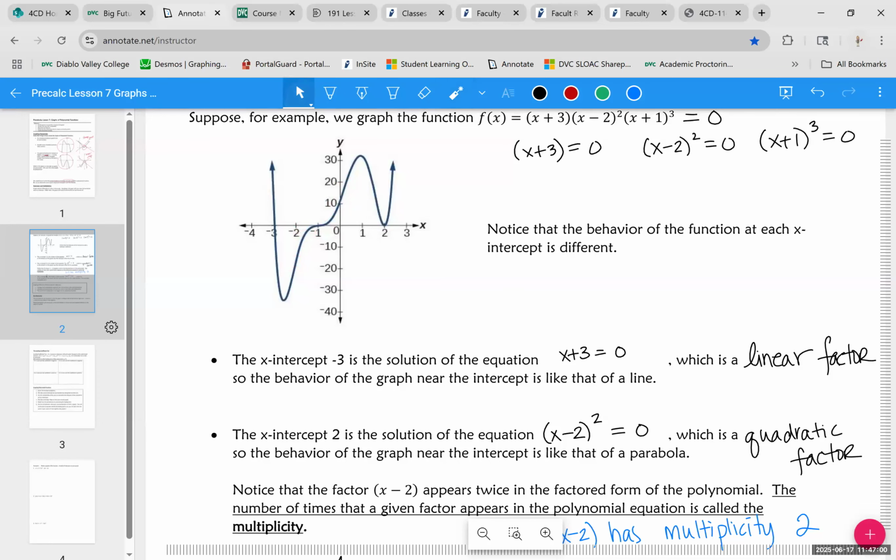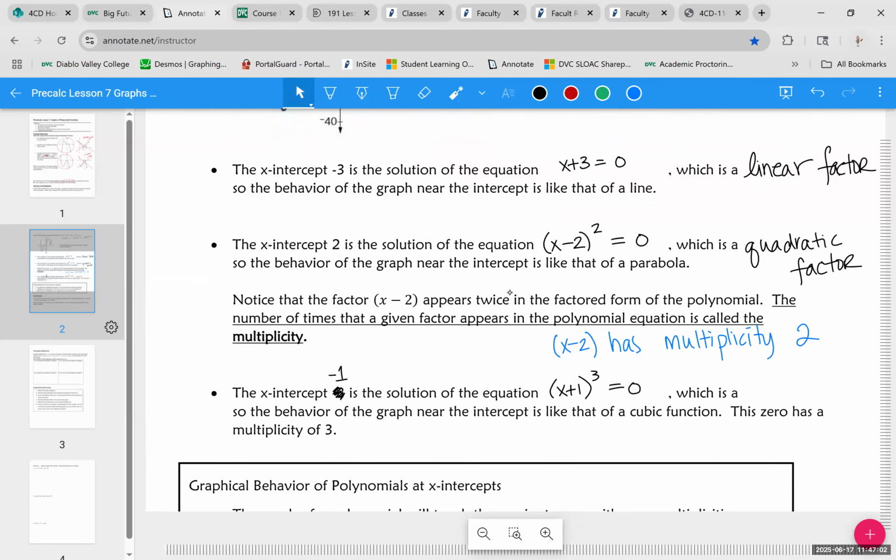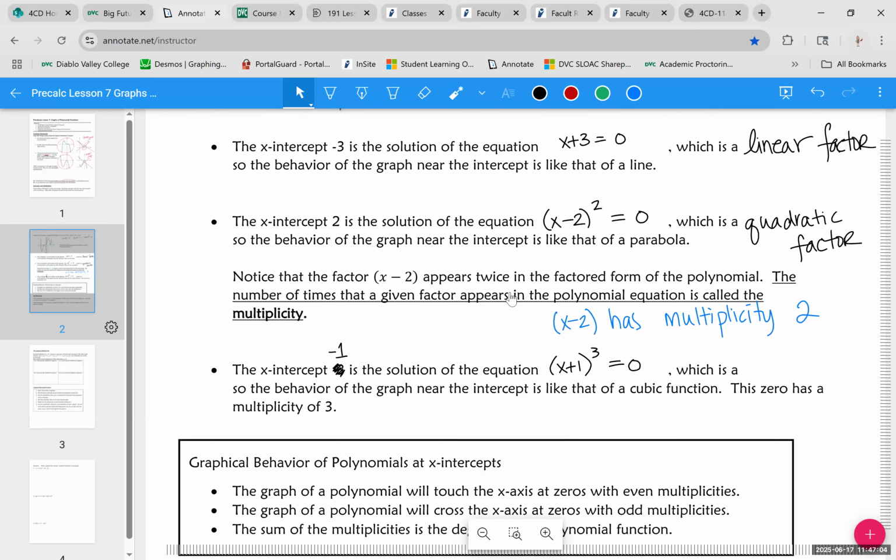Okay. So, let's make sure we filled this part in here. So the x-intercept is the solution of this equation, which is a cubic factor or cubic equation. So the behavior of the graph near the intercept is like that of a cubic function. And this 0 has a multiplicity of 3.